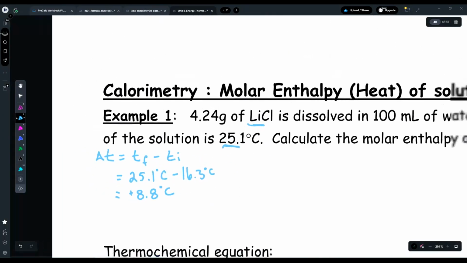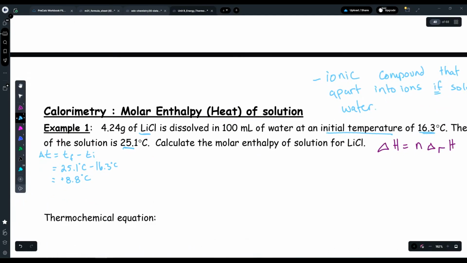What this means is the solution increased in temperature when lithium chloride was dissolved, so when lithium chloride dissolves in water, that's an exothermic process.